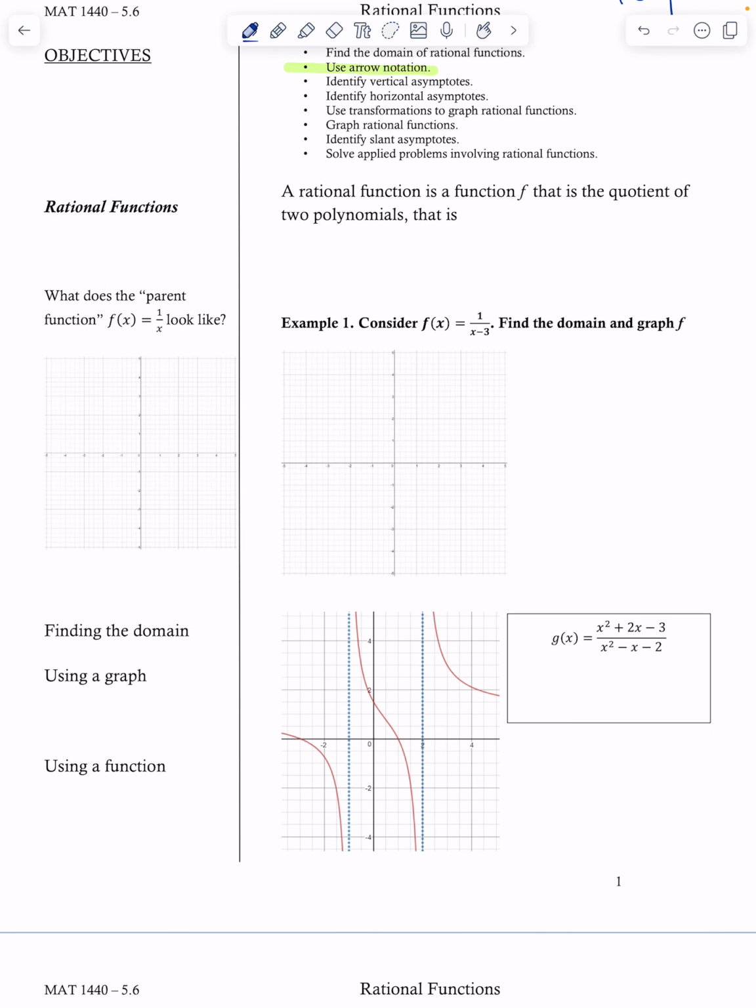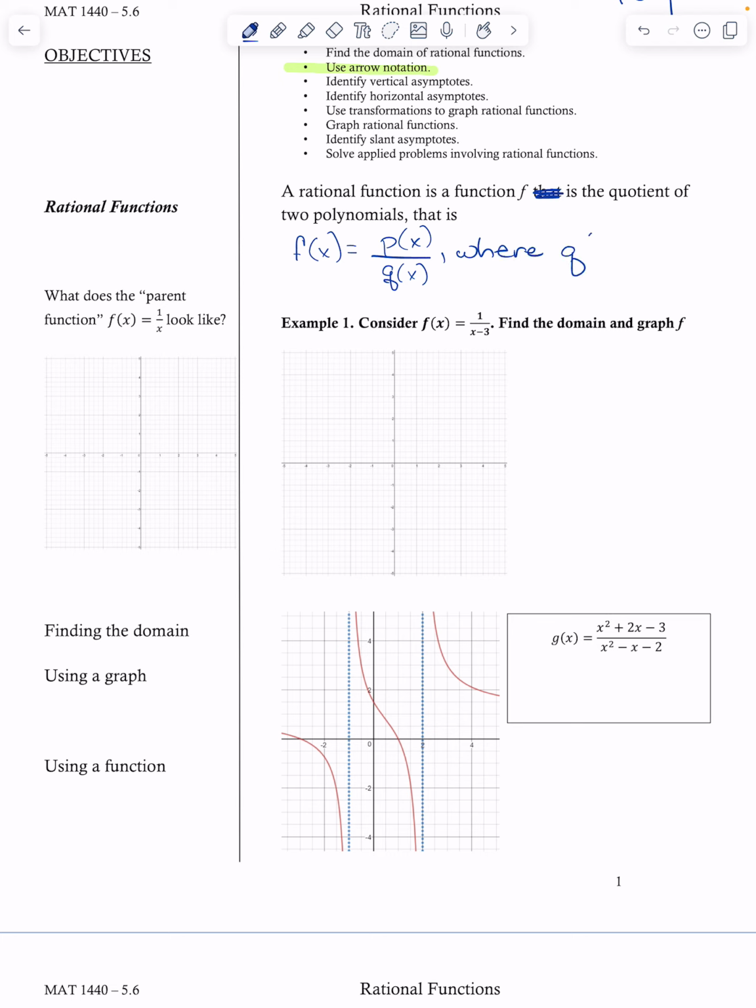So to start, a rational function f is, see, typo right off, the quotient of two polynomials. So if we have a rational function f of x, typically we write this as p of x over q of x. It doesn't really matter what we call them.